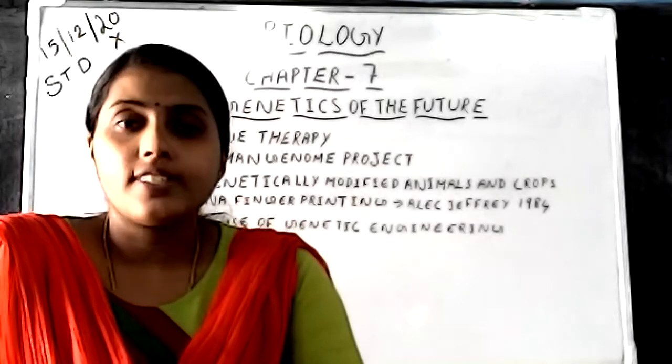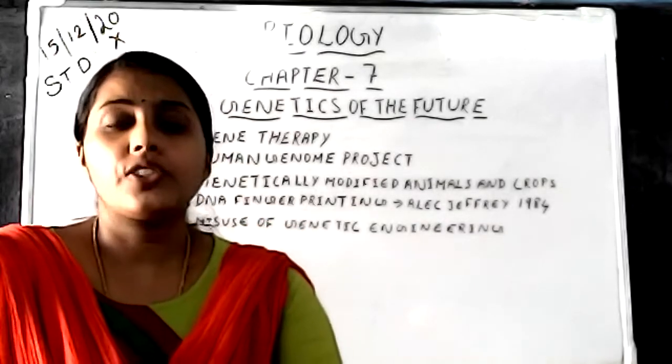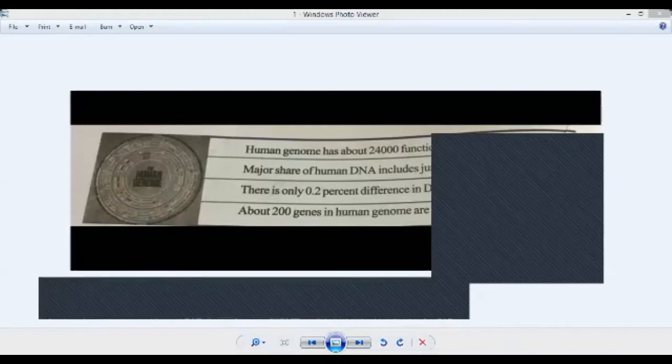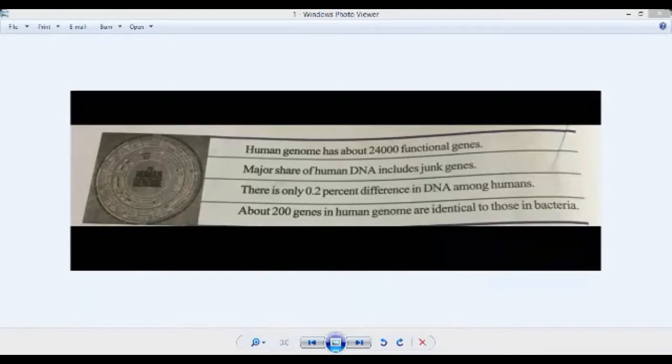Now we can see some points regarding the Human Genome Project. The human genome has about 24,000 functional genes. So inside our body, in the cell, in the nucleus, on the chromosomes, on the DNA, these functional genes are present. Human DNA differs by only 0.2% between people.